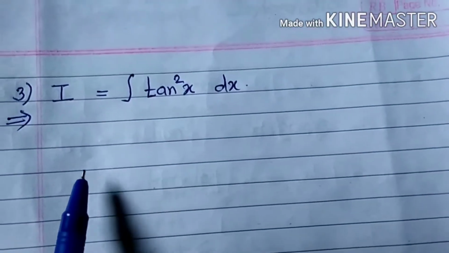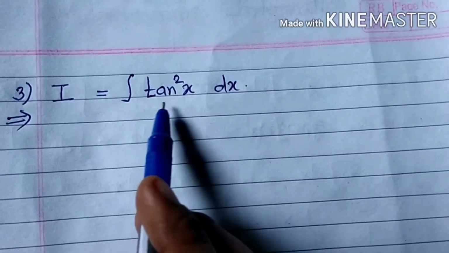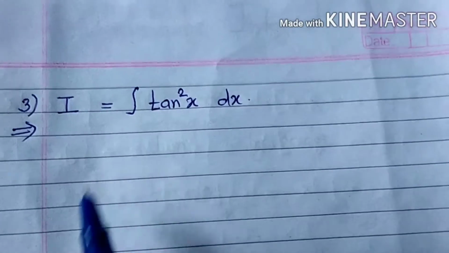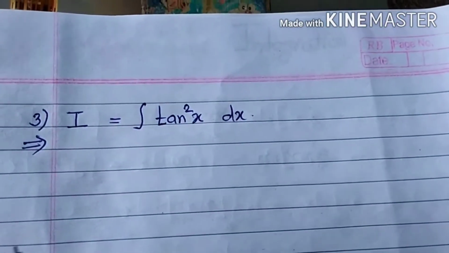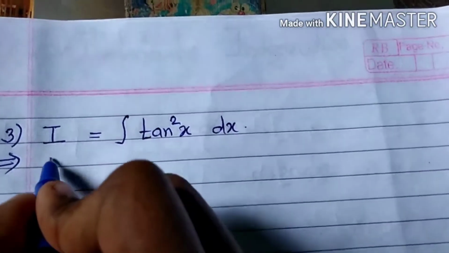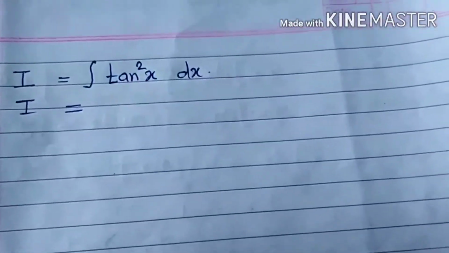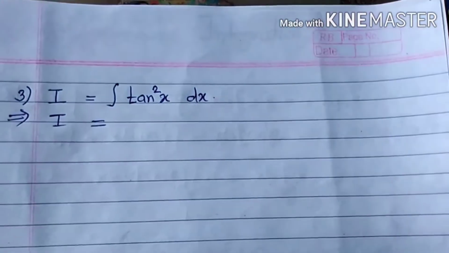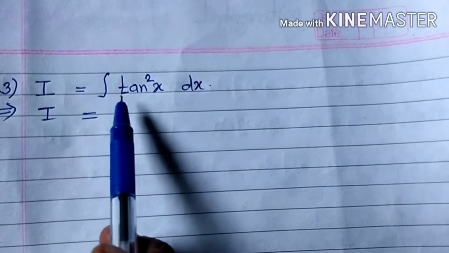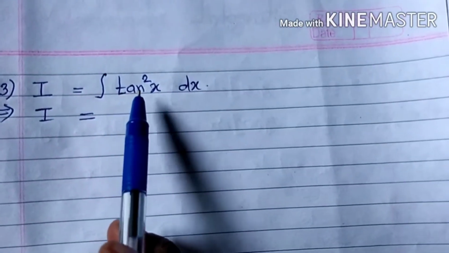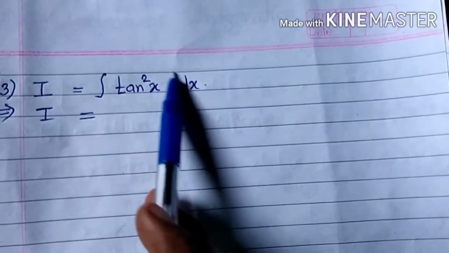Now there is a simple example from trigonometric functions which we have to integrate. So let us start. I is equal to integration of tan squared x dx. But we know that there is no direct integration of tan squared x, so we have to convert this tan squared x with the help of an identity.